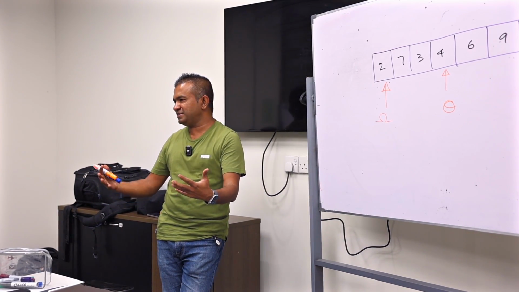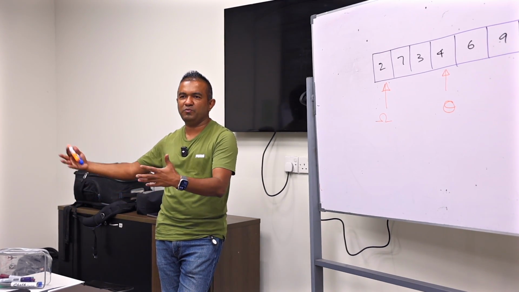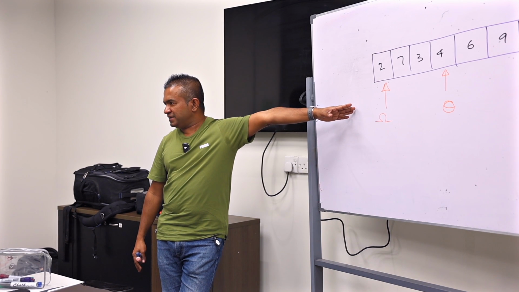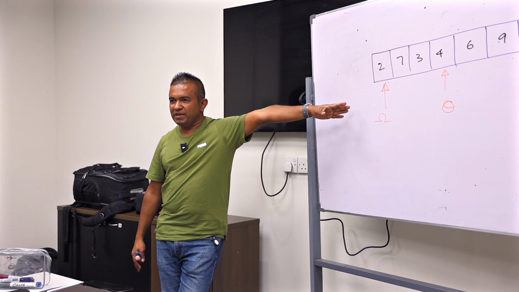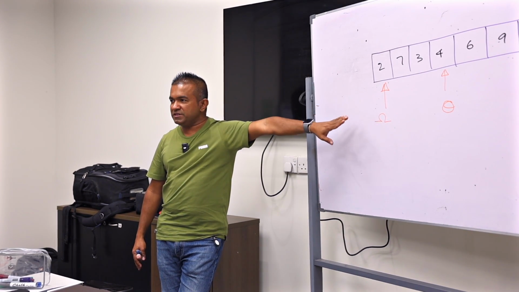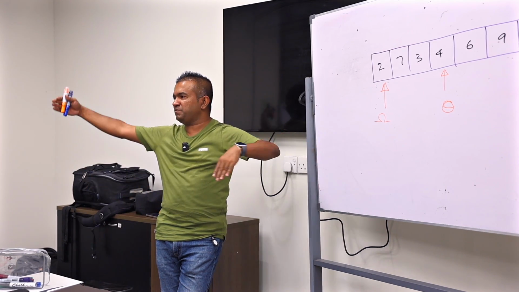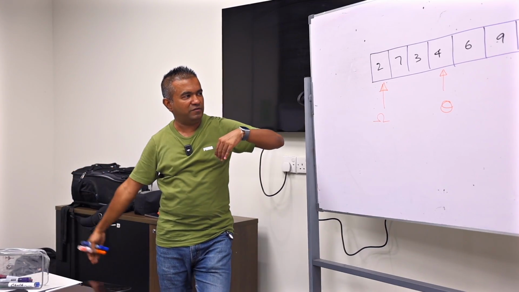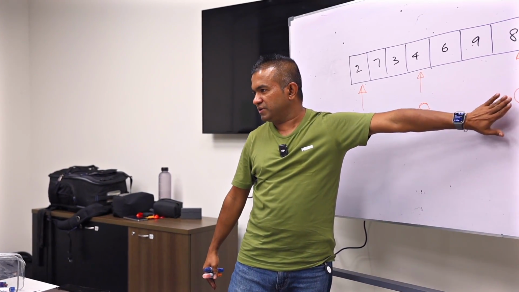Because you cannot go beyond that. If you find the best on a particular algorithm, and let's say 2% of the time it performs the best and 98% of the time it performs the worst, then that is wrong, right? So that is why we always find BigO on the worst.